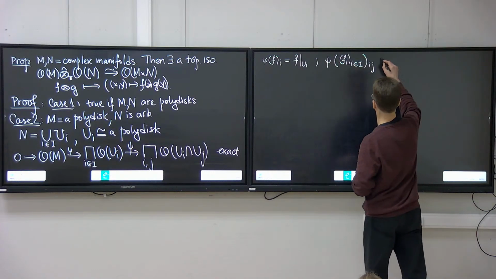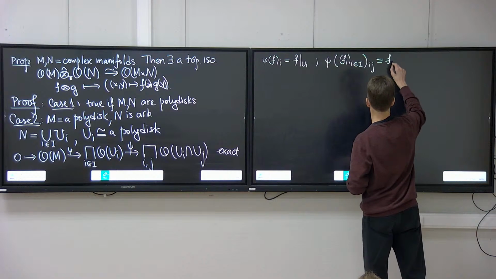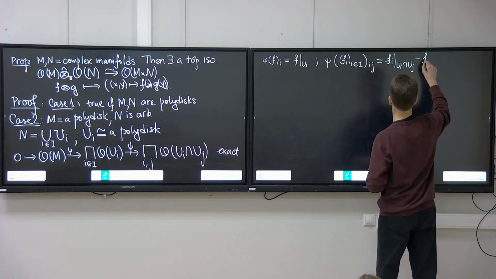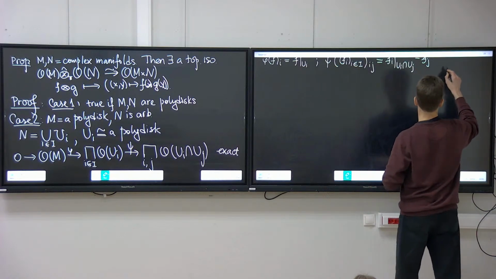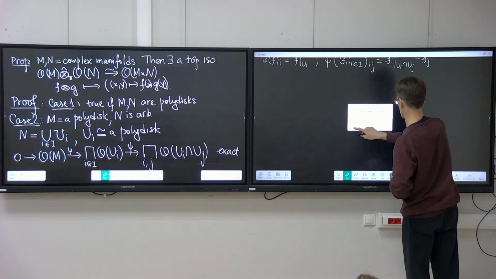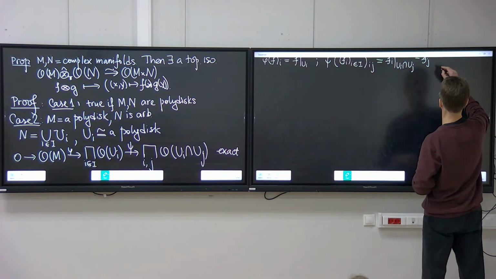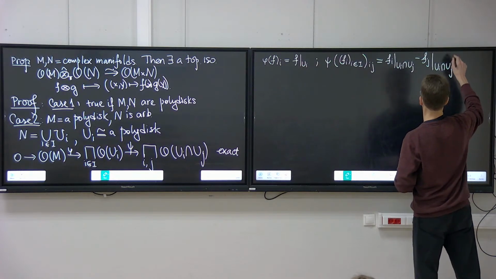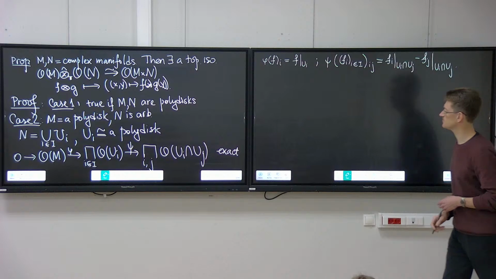And this is just f_i restricted to the intersection minus f_j restricted to the intersection. So trivially the sequence is exact.